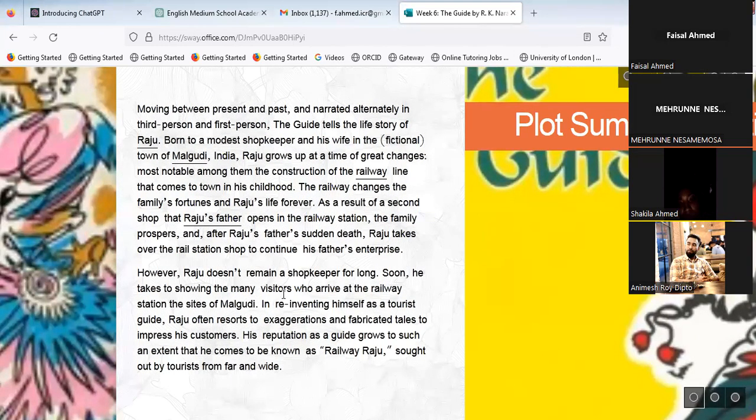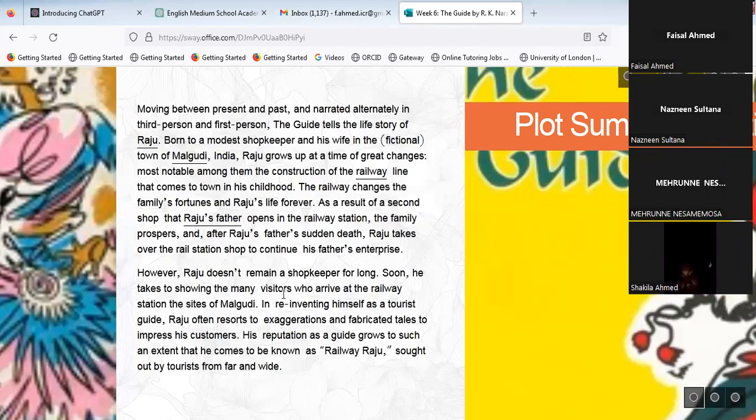Among the visitors, there are researchers, political persons, media personnel, actors, so many people. Fortunately, Raju encountered a tourist who is a researcher in the field of anthropology.